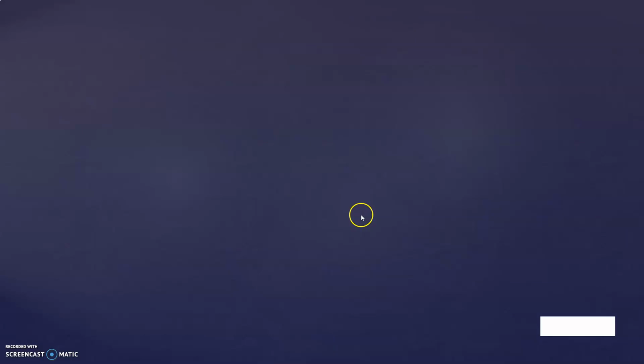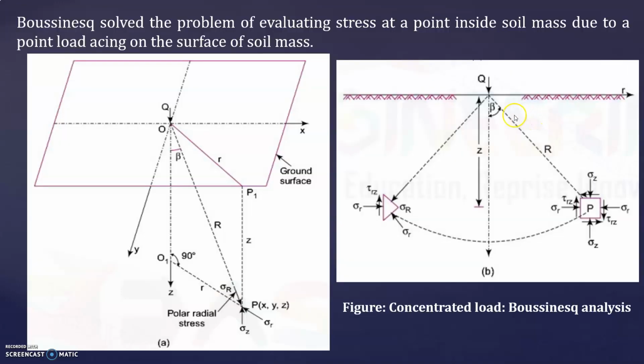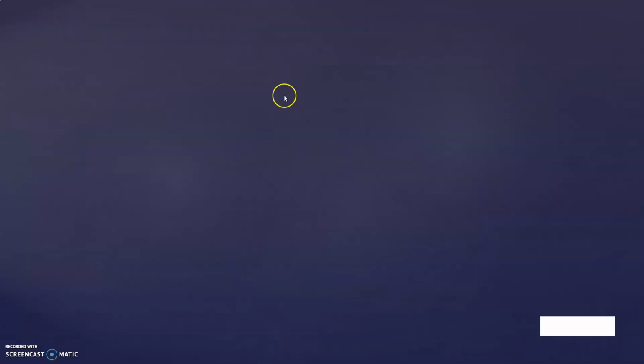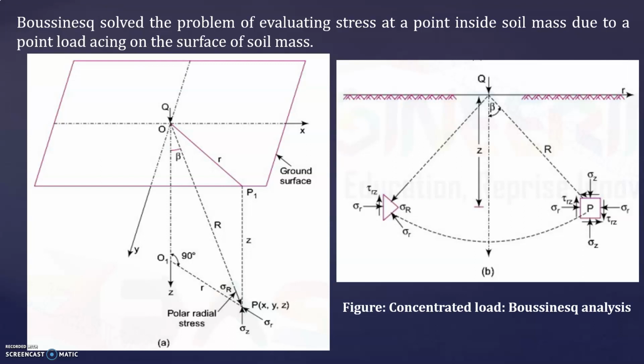Okay, so what he considered: let a point load Q, a single concentrated vertical load, act at the ground surface that I showed here, at a point O, which may be taken as the origin of the XYZ axes as shown.